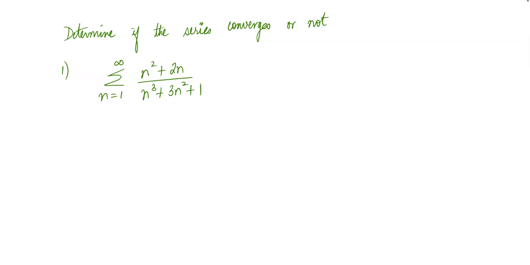So we can see that this n squared plus 2n over n cubed plus 3n squared, if you were to approximate this, meaning we only focus on the leading terms, n squared over n cubed, which will approximate to 1 over n. This is how I decide which corresponding series I could use to compare with this.